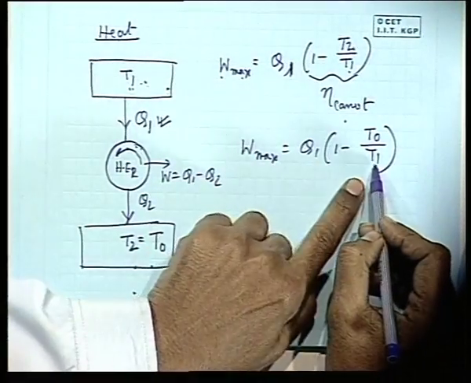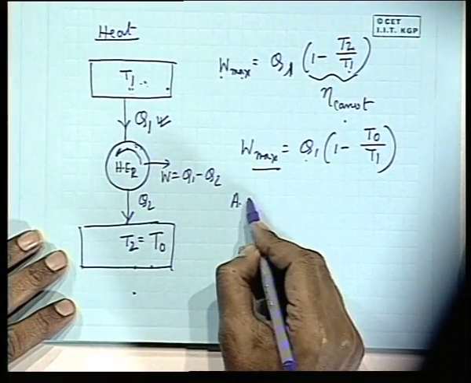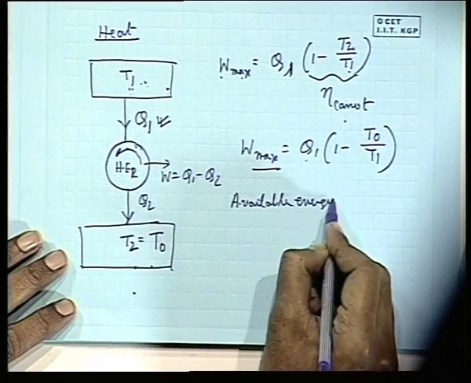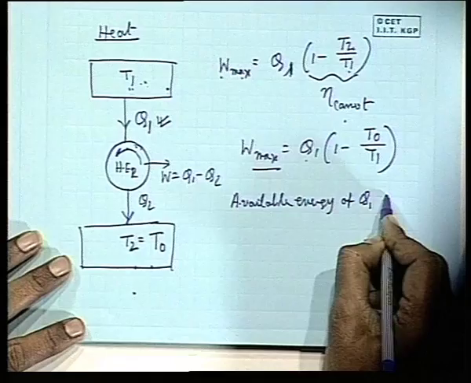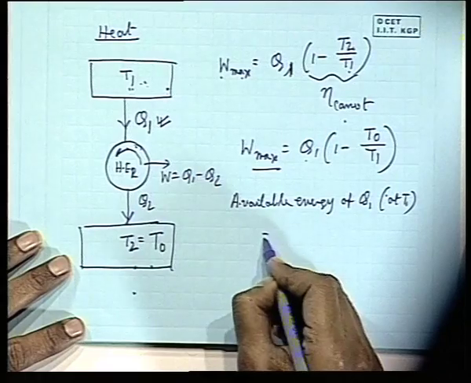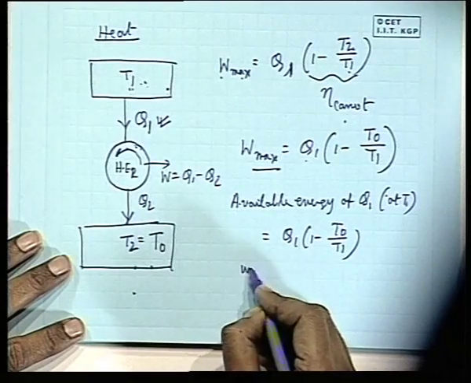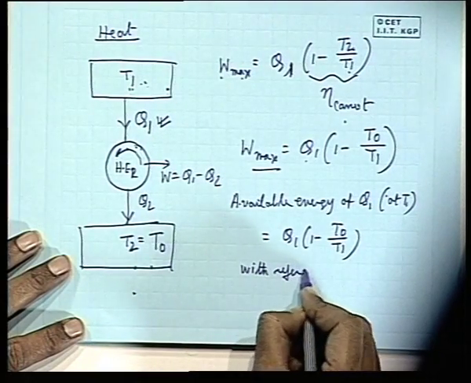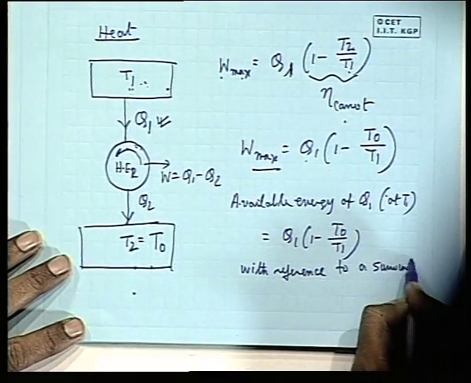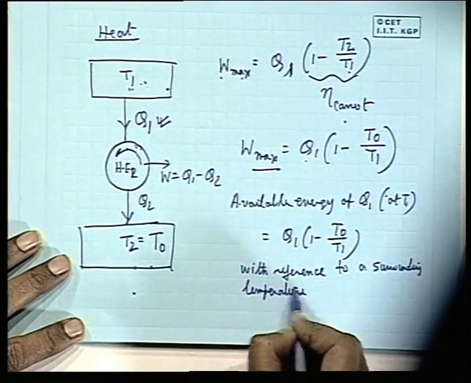Now, this W max is the available energy. So I write: available energy of Q1 at T1 equals Q1 into 1 minus T0 by T1, with reference to a surrounding temperature of T0.